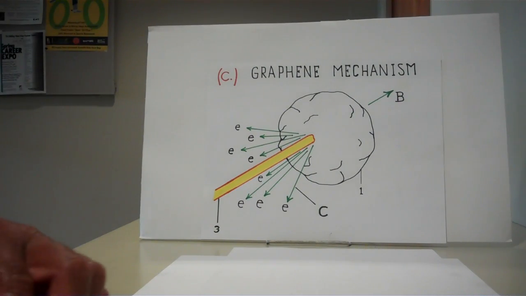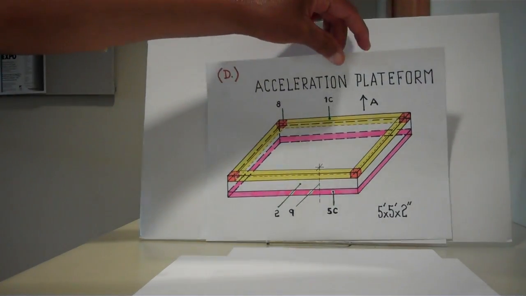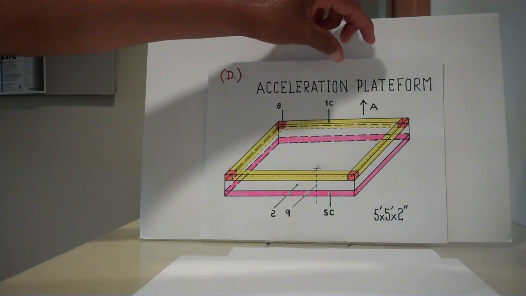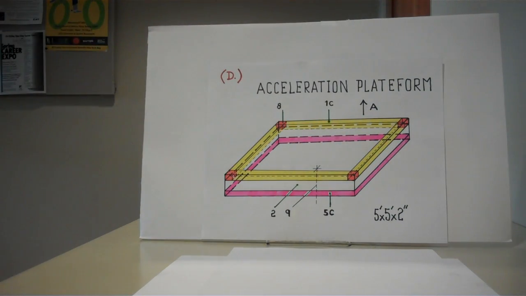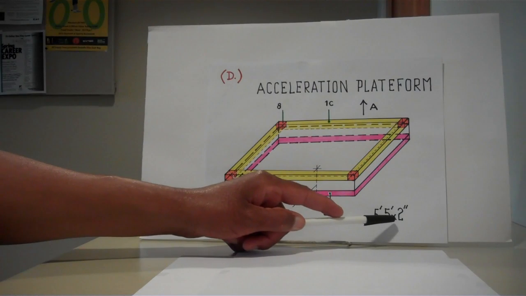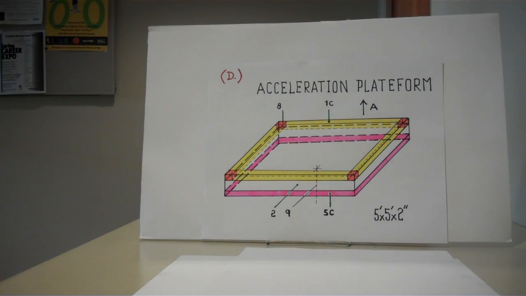Now, we shall go to illustration D. Illustration D shows a much larger system of 5 feet by 5 feet by 2 inches thick in dimensions.